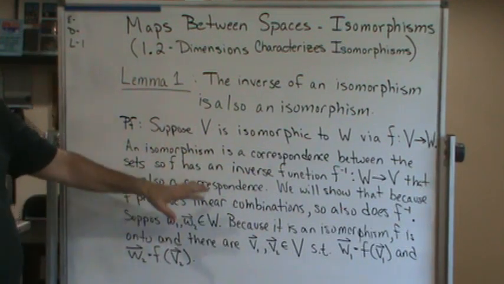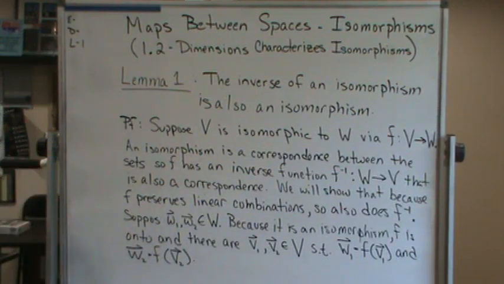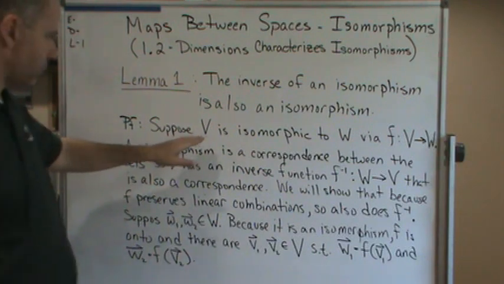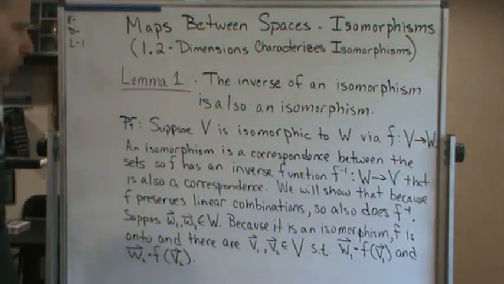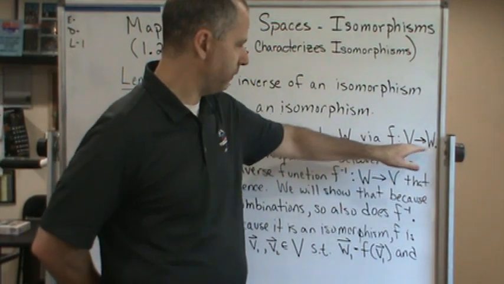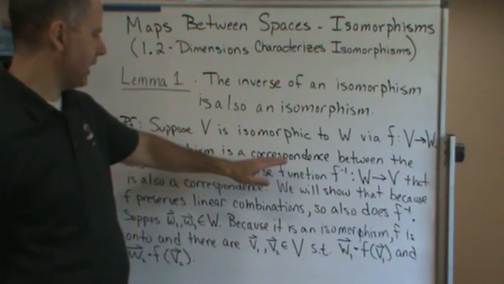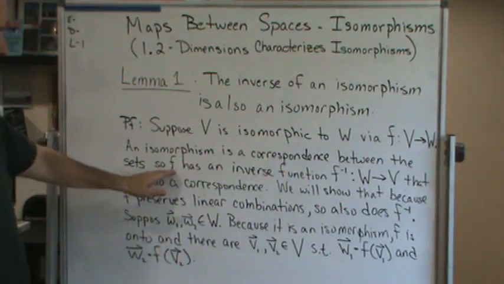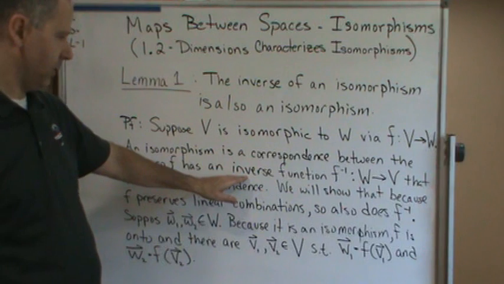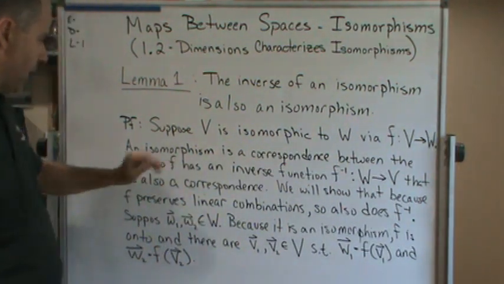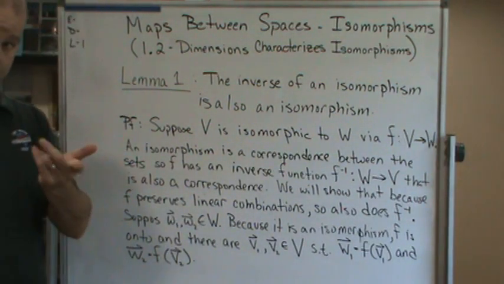So we're going to prove that, start with this part of the proof, and then I'll continue on and we'll finish it up. The proof says, suppose we have this vector space V isomorphic to W. In other words, we have a function f from V to W that is an isomorphism, which is a correspondence between the sets. So f has an inverse function, which means it's one-to-one and onto.